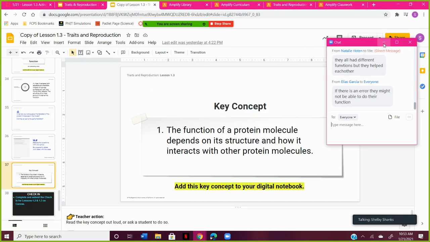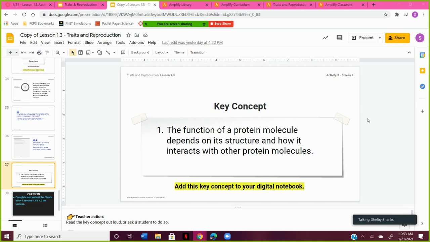The last thing that I'm going to give you guys is this key concept. It is going to go where it says lesson 1.3, under important information or important ideas. The function of a protein molecule depends on its structure and how it interacts with other protein molecules. You guys have pointed those out. So the function of protein molecules is not always the same.